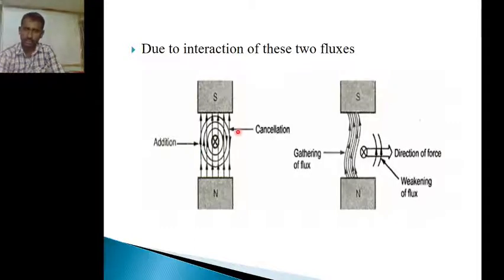And coming to this side, one flux is in one direction and the other flux is in the other direction, so those two fluxes cancel each other. The flux cancellation takes place. As a result, some force will be developed, and the direction of that force is given by Fleming's left hand rule. With this force, we will develop torque.